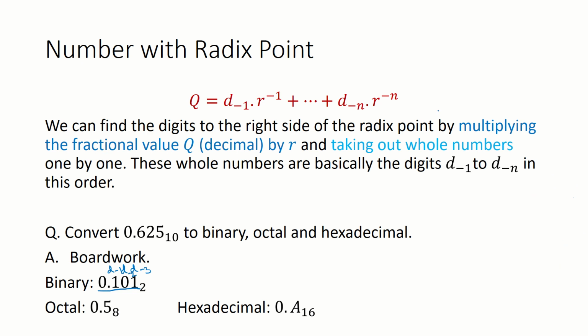So, let us do that. 0.625 into 8 will give you 5.0. So, the fractional part becomes 0 in one step.